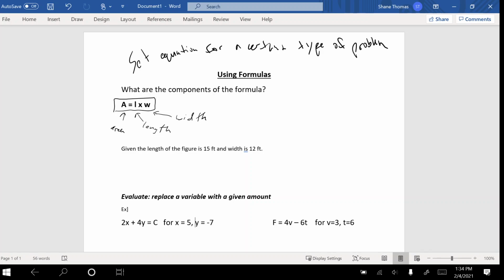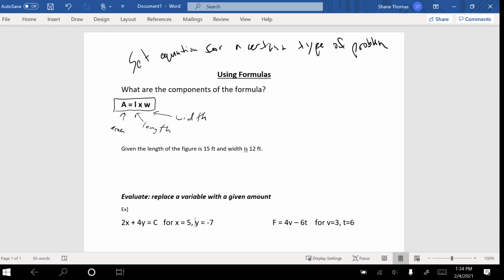So I took my initial formula, A equals L times W, and then I broke it down. I figured out what each of the parts are. A is area, L is length, W is width. And most times that's going to be written down in your equation or in the setup for the problem. Okay? So then you have to figure out what you know.